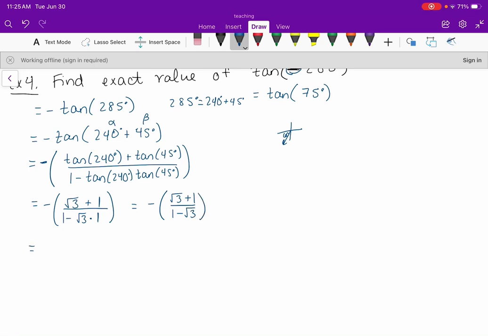To simplify something like this, you have to use the conjugate. So again, I'm just going to keep that negative out in the front, but I am going to multiply by the conjugate, which would be 1 plus root 3. So I get negative square root 3 plus 1 times 1 plus square root 3 divided by 1 minus square root 3 times 1 plus square root 3.